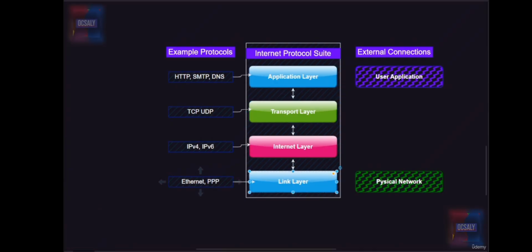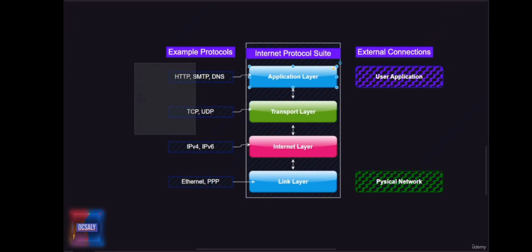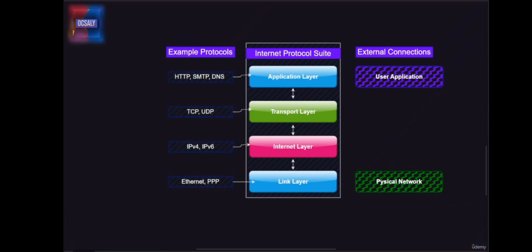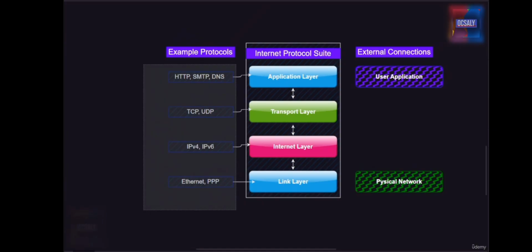Ethernet and PPP are link layer, IPv4 and IPv6 are internet layer, TCP and UDP are transport layer, and HTTP, SMTP, DNS, etc. are application layer. There are more protocols, but these are just the most used protocols in the Internet Protocol Suite.